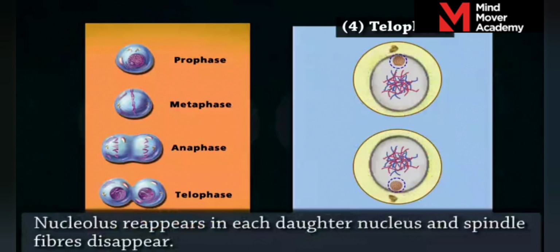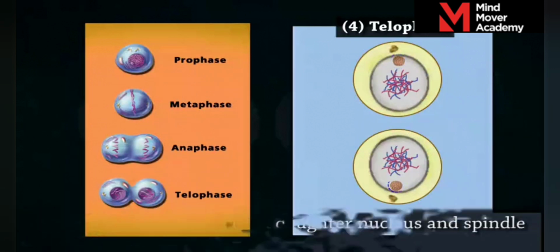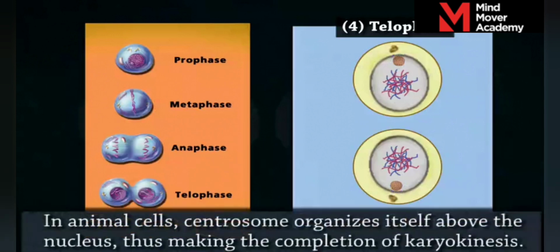Nucleolus reappears in each daughter nucleus and spindle fibers disappear. In animal cells, centrosome organizes itself above the nucleus, thus marking the completion of karyokinesis.